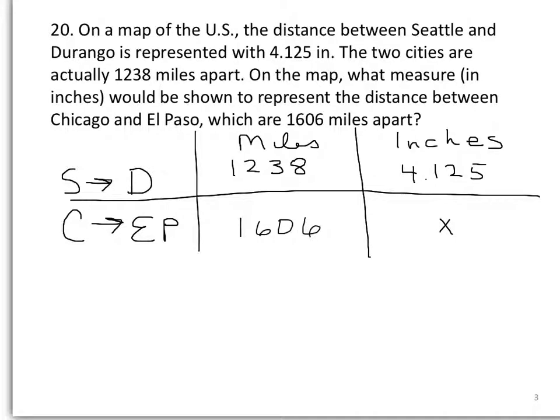Now you can set up your proportion in one of two ways. You can compare your miles for one place over your miles for the other to your inches for one place over the inches for the other, so 1238 over 4.125 equals 1606 over x, or you could put the inches on top. Let's do it the way it looks. It looks like this.